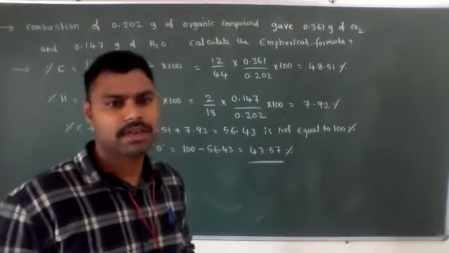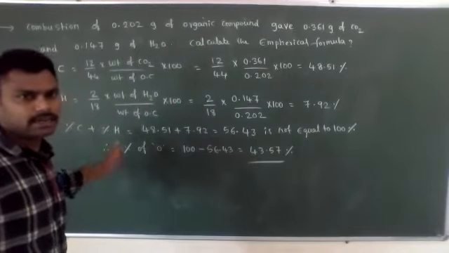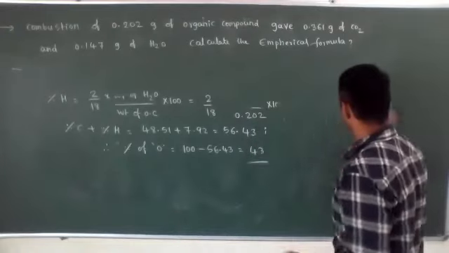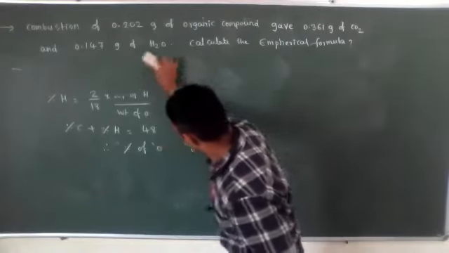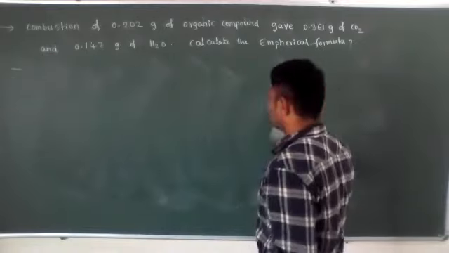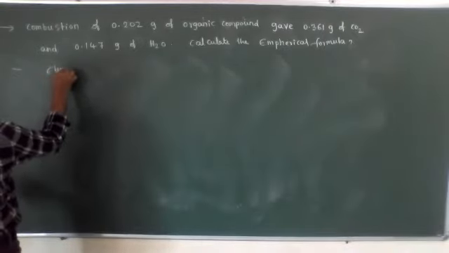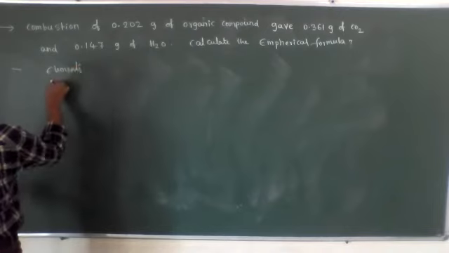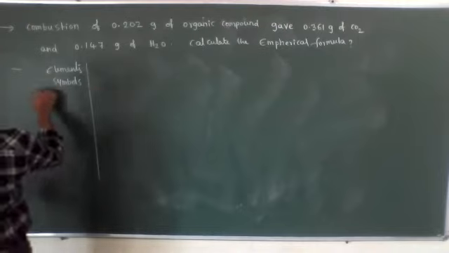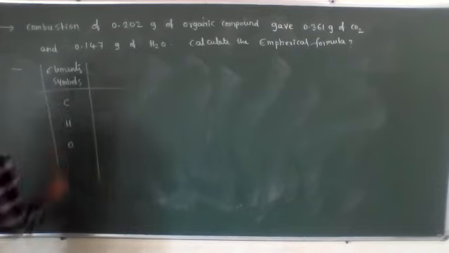What are the next steps? Now we need to calculate the atoms. Up to here it is clear. Now see, after finding the percentages: element symbols. What are the elements present in the question? Carbon we have, hydrogen we have, and oxygen we have.